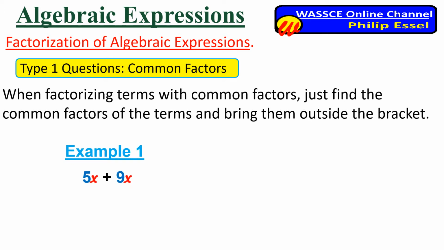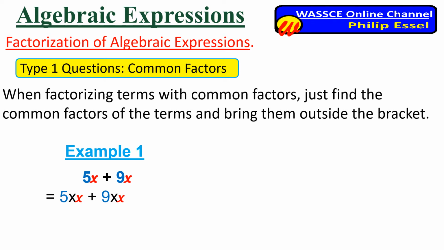Let's look at example 1. For this example, we have been given the algebraic expression 5x plus 9x. First, let's note that the expression 5x plus 9x is the same as 5 times x plus 9 times x.